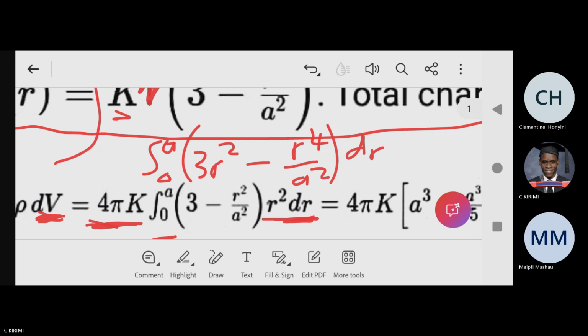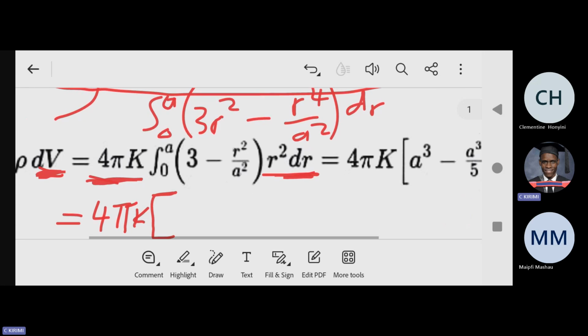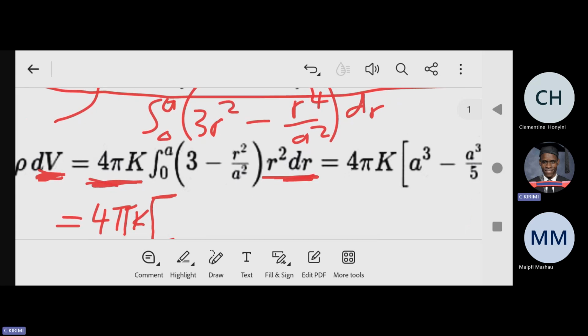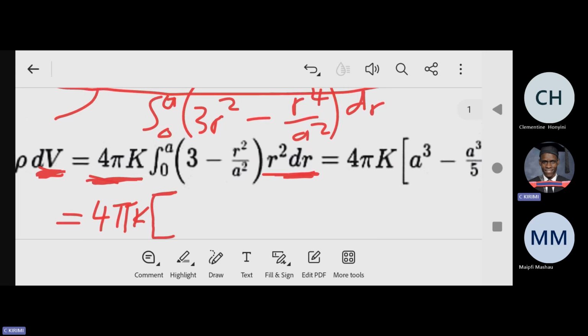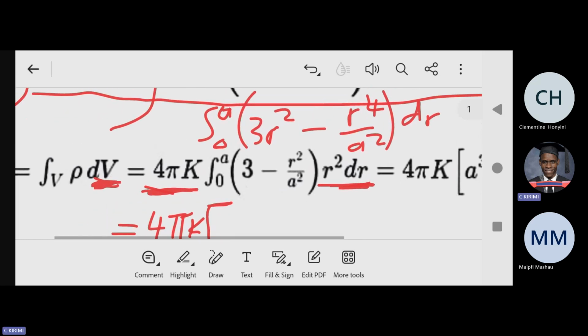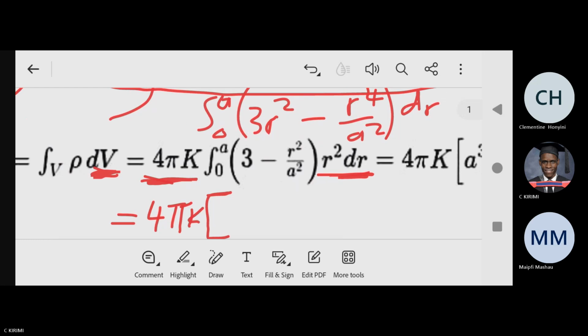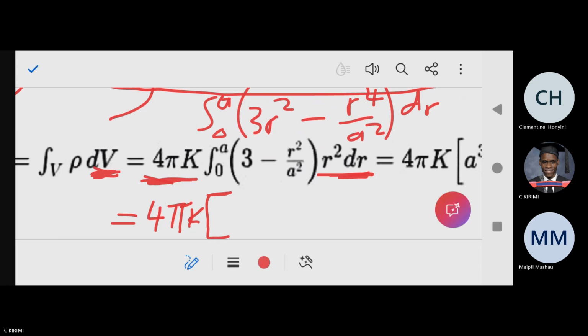Then let's integrate. What did you differentiate for you to have 3r squared? If you want to get 3r squared, what will be the original?